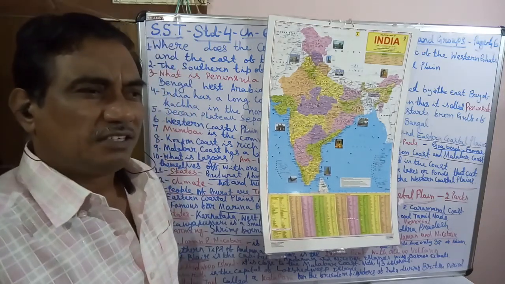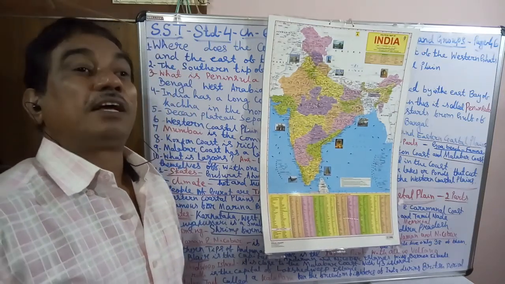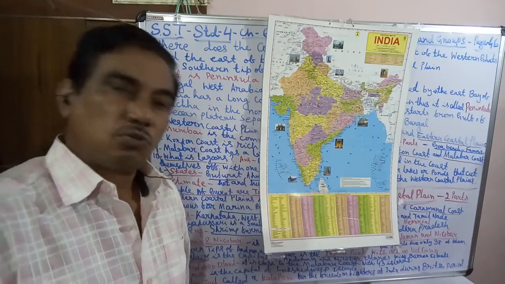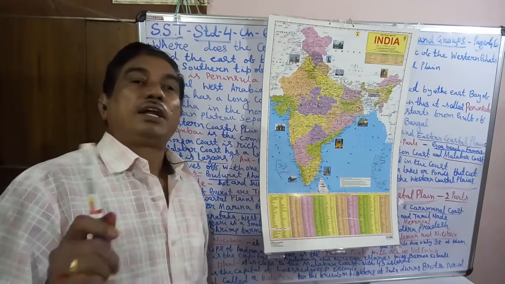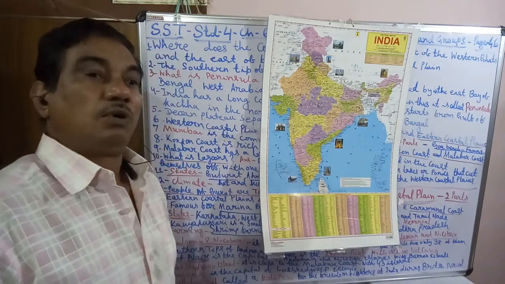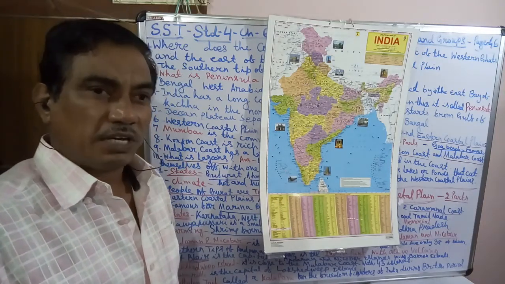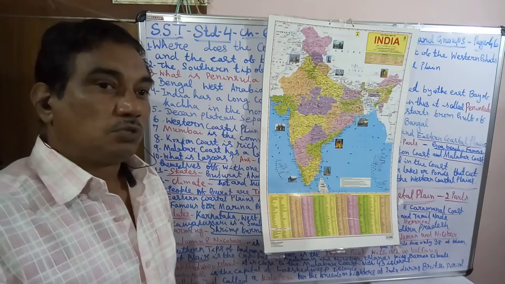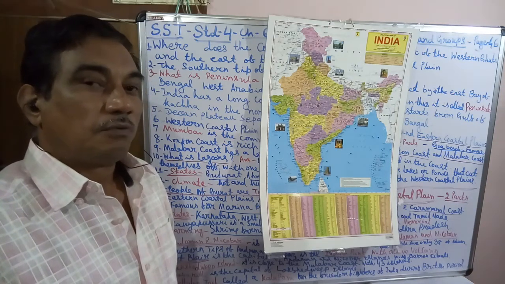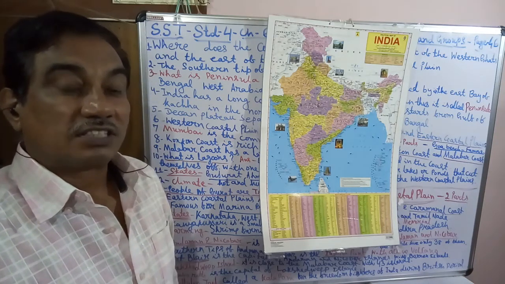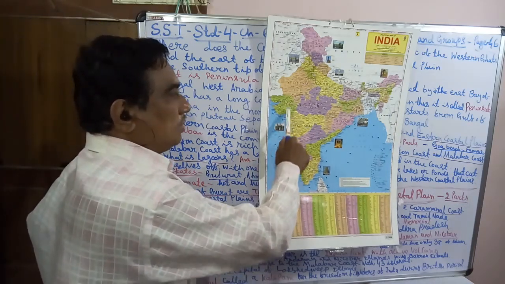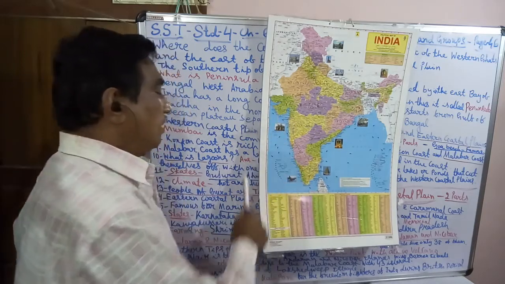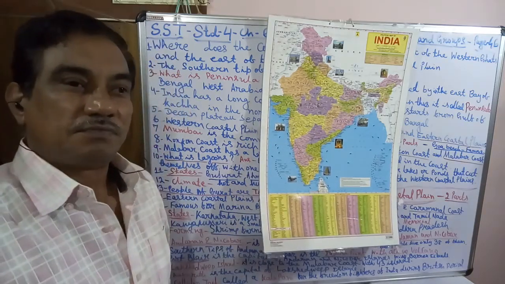Then climate. The climate is hot and humid throughout the year. Then the people of Gujarat are traders and farmers.